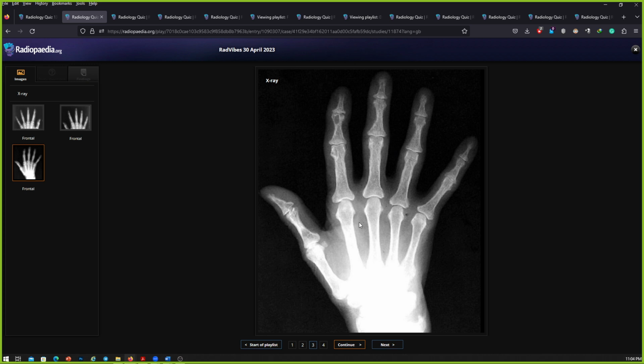Most likely the findings are those of hyperparathyroidism with subperiosteal scalloping, brown tumor, and acro-osteolysis.